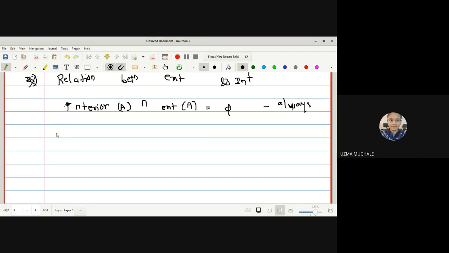Now we'll see some of the definitions. If you are having an interior, the points in an interior are called interior points, or you can say elements in an interior are called interior point or interior element.